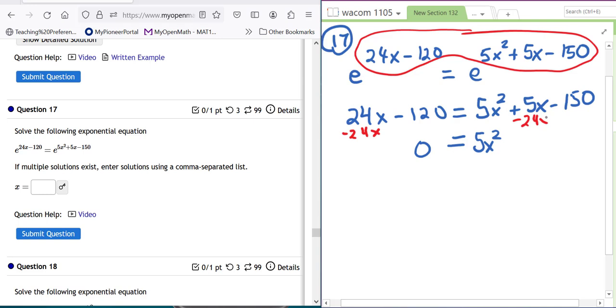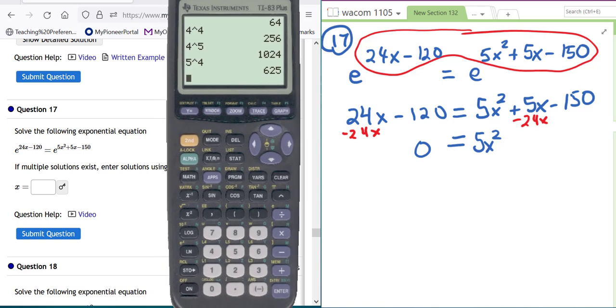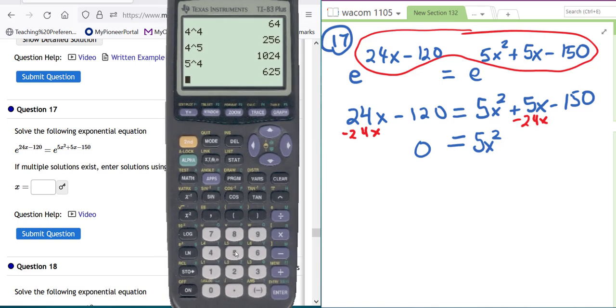So 5 minus 24 is a negative 19x, and I have a negative 150, and I'm going to add 120.